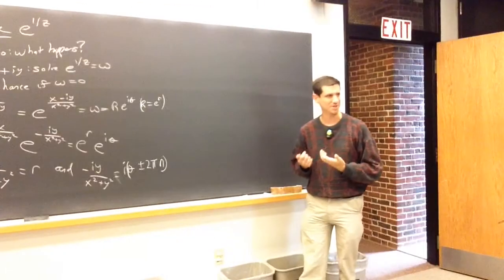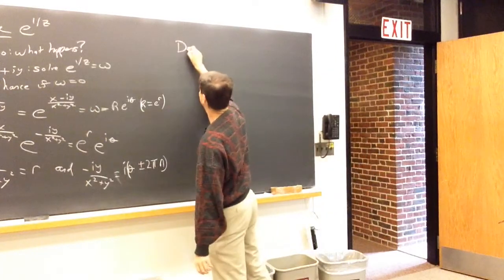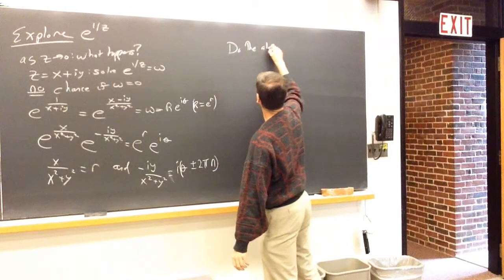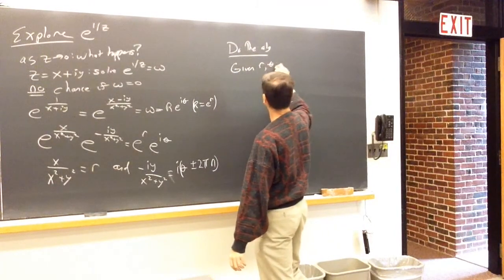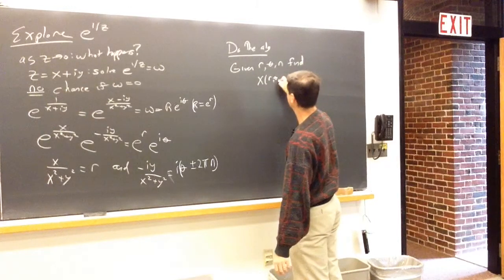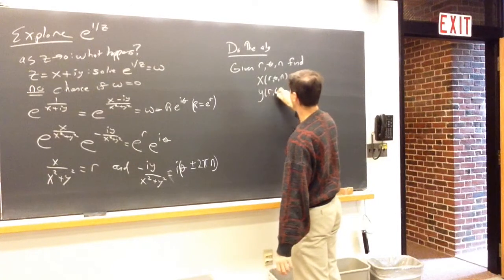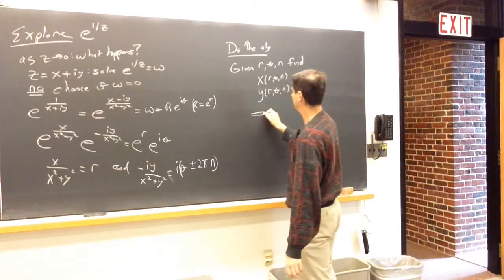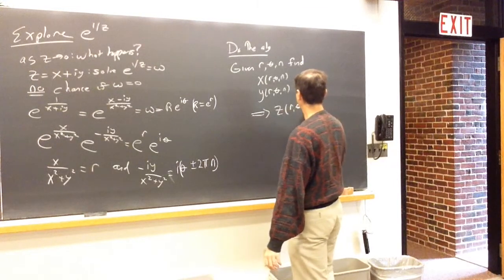This is why I have a math PhD, so I don't have to do algebra anymore. I'll leave this as an exercise. Do the algebra. Given r, theta, and n, find the points x of r, theta, n, and y of r, theta, n. That will give you a point z of r, theta, n.